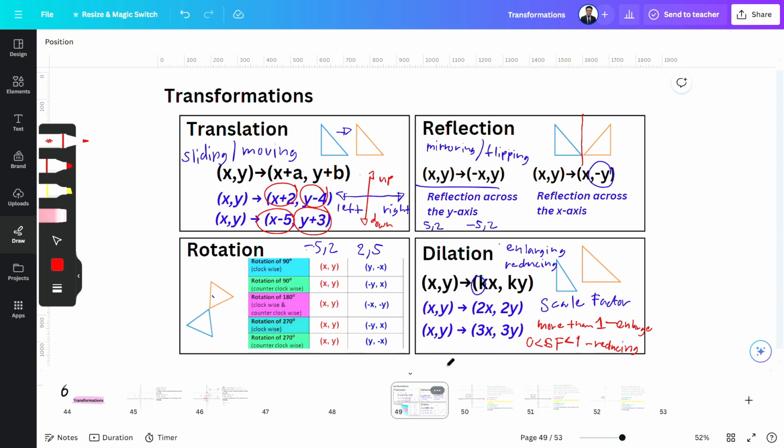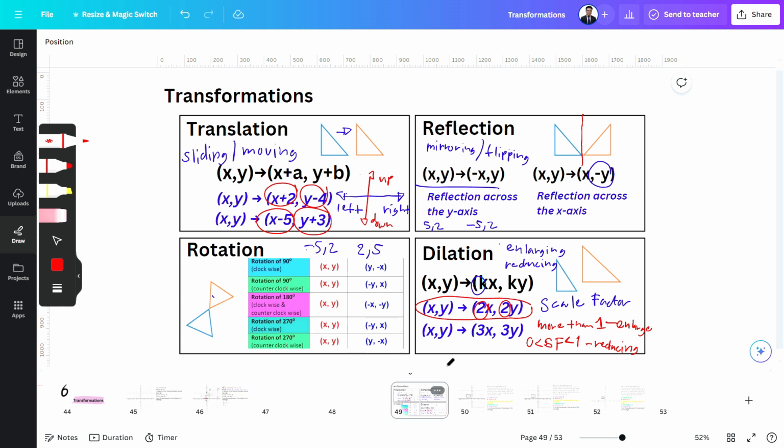Now, let's say for example, we have here our illustration, x comma y, and then the transformation says 2x and 2y. So the 2 here would mean the scale factor. And again, once our scale factor is more than 1, we're trying to enlarge the figure. So what if it's 1 half? So let's say x comma y, and then it becomes 1 half x comma 1 half y.